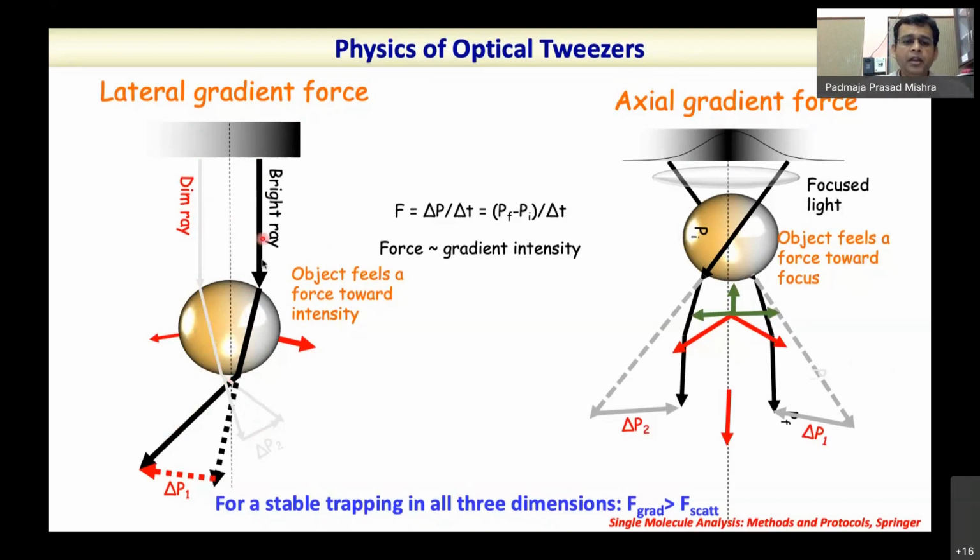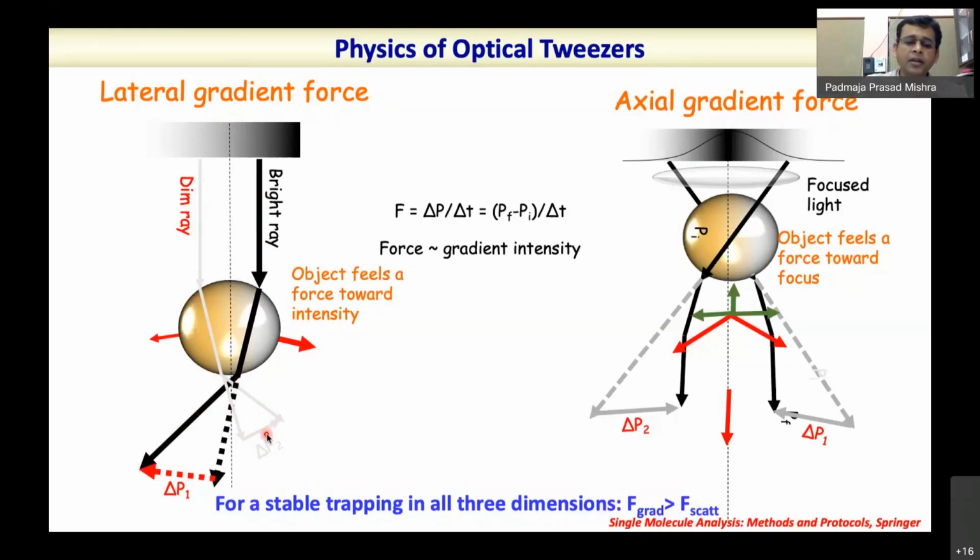So the side of the object which experiences the intense beam will have a change in momentum of higher magnitude, but the change in momentum from the side where the beam has less intensity will be less.